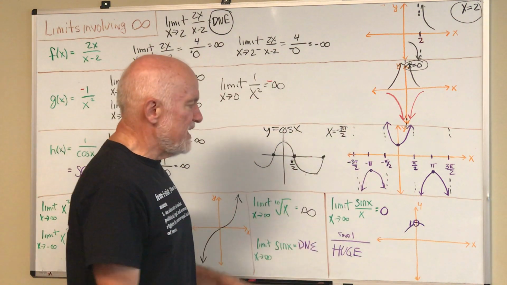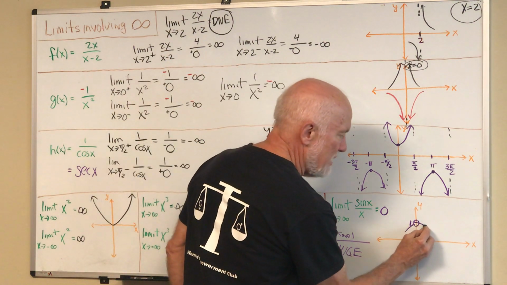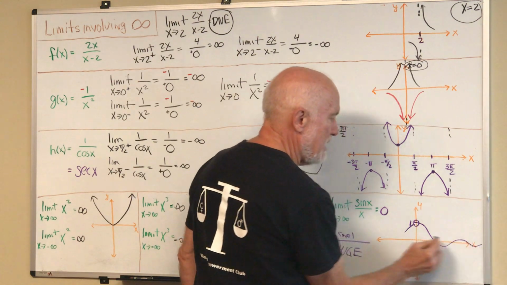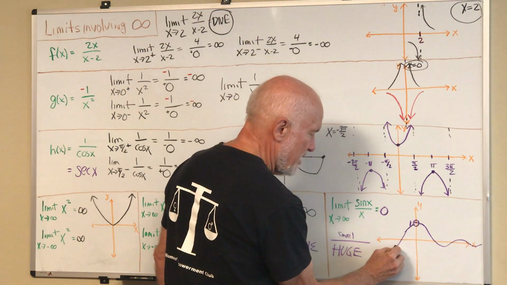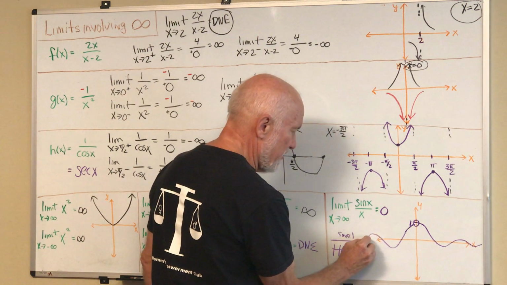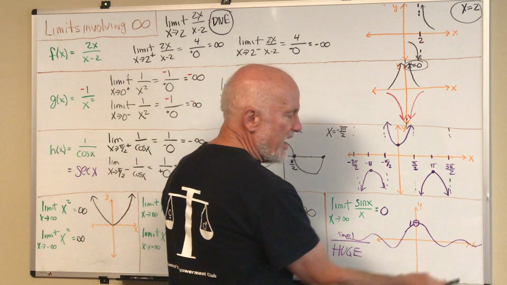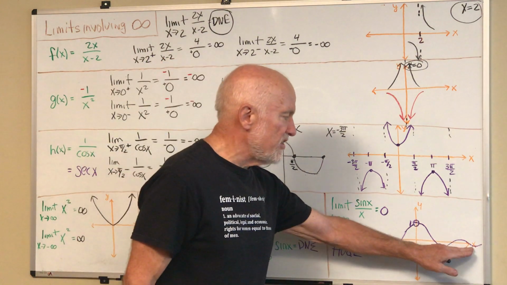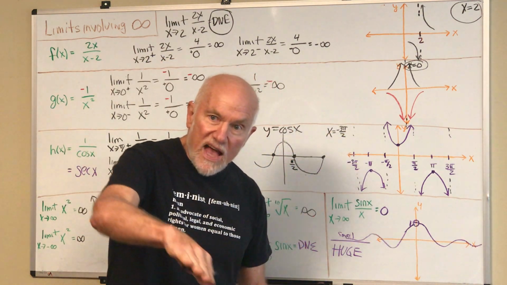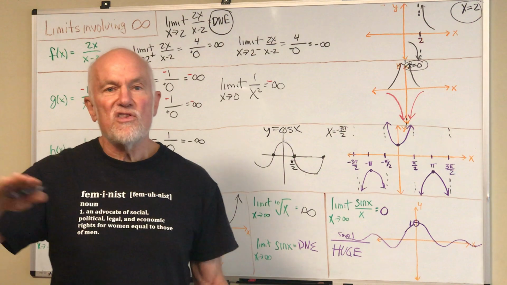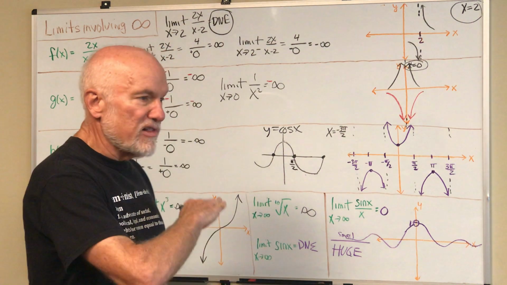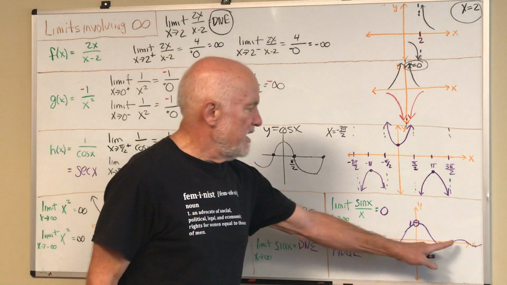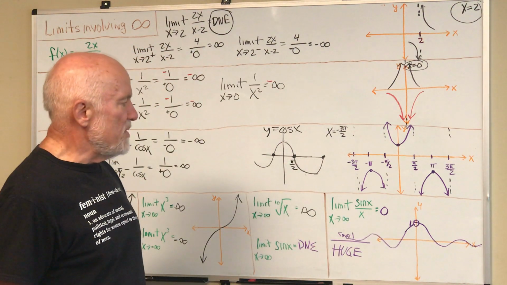Well, what's going to happen is, this is just going to keep going like the sine of x, but it's going to keep getting smaller function values until eventually you're not going to see any difference. I don't have quite enough room here, but eventually this sine function is not even going to show the wavering of it anymore. It's going to look like a straight line. So again, the answer is going to be 0.